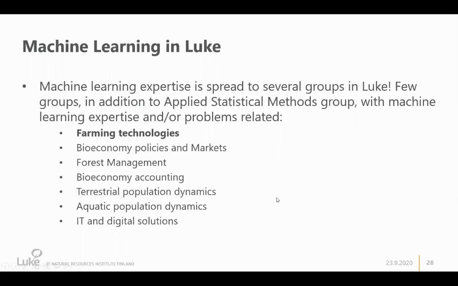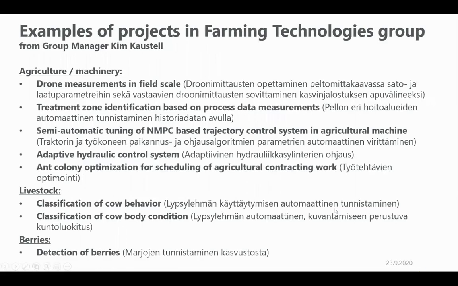And yeah, so I was mentioning that this farming technologies group, they have quite many interesting projects with machine learning, and here you can see titles of such projects. So you can see that they have several projects dealing with agriculture and agricultural machinery.